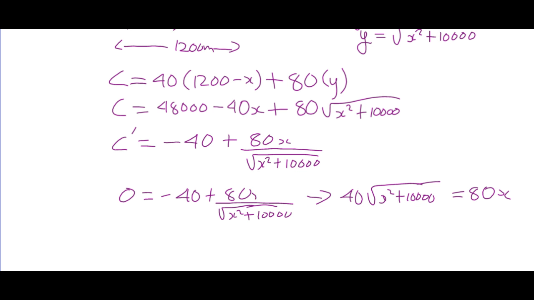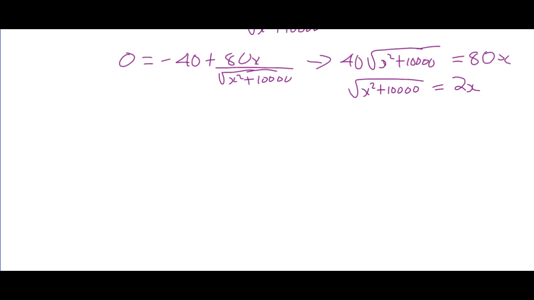So the square root of x squared plus 10,000 is equal to 2x. I'm going to extend the page. Okay, so that means that x squared plus 10,000 is equal to 4x squared. Okay, so we square both sides. 3x squared is equal to 10,000.